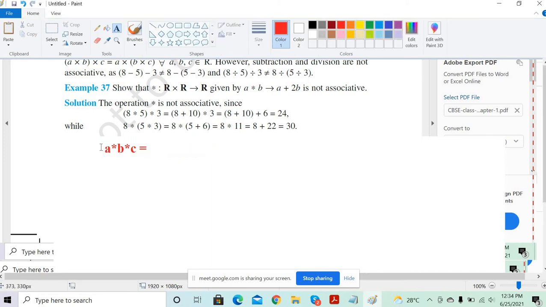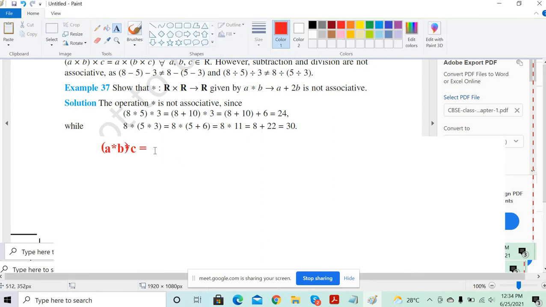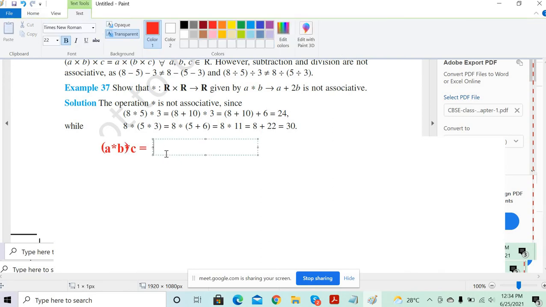For grouping we put the first one in brackets. First a star b will be given as a plus 2b, and this star c.